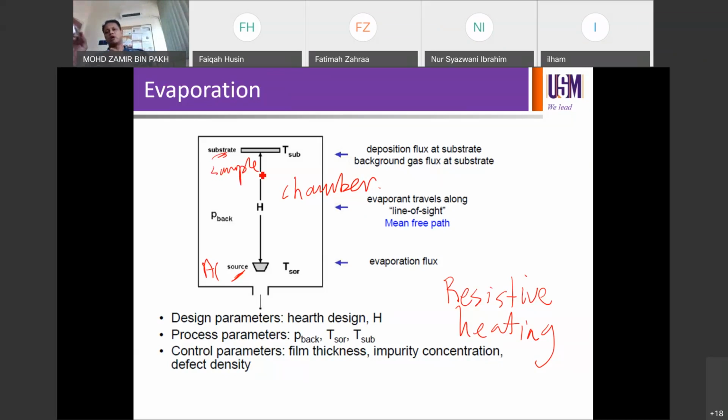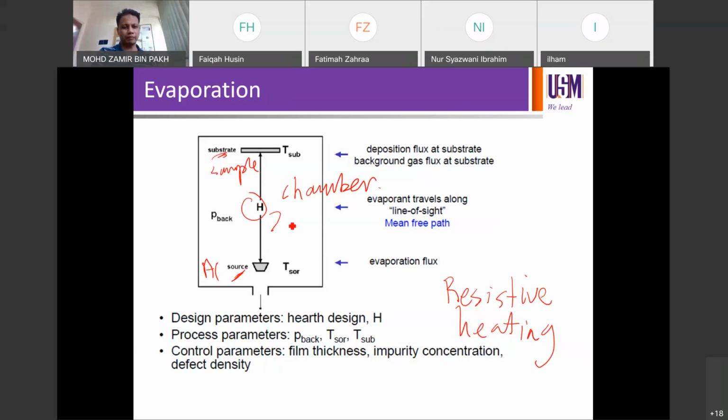So it's gonna be a distance of perhaps 40 cm, usually for a typical size of evaporation chamber. So this H is roughly 30-40 cm, which is probably quite a long distance. Maybe 2 cm, I don't know.